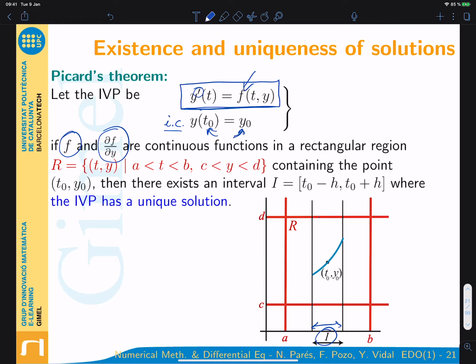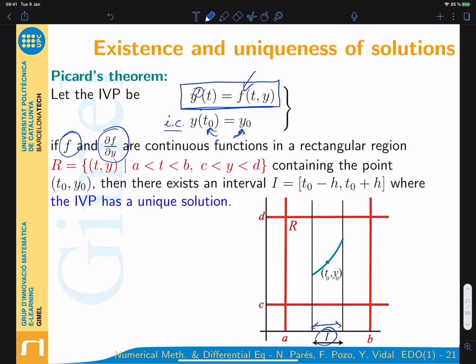So this theorem is giving us some hypotheses that when they are verified, then we can guarantee that the solution is unique. Now we will see some examples where we will try to apply this theorem and see if we can conclude whether the problem has or not a unique solution.